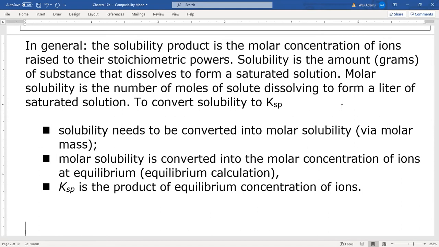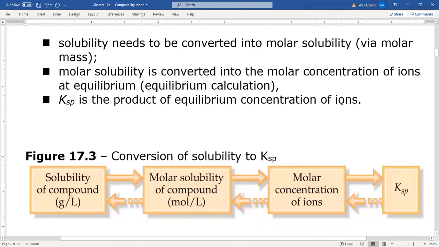And then molar solubility of the salt will need to be converted to molar concentrations of the ions at equilibrium. And then the Ksp is then the product of the equilibrium concentrations of those ions raised to their respective powers. And so this is just a little flow chart that shows that.